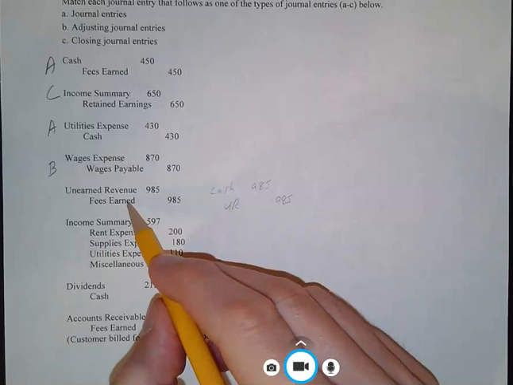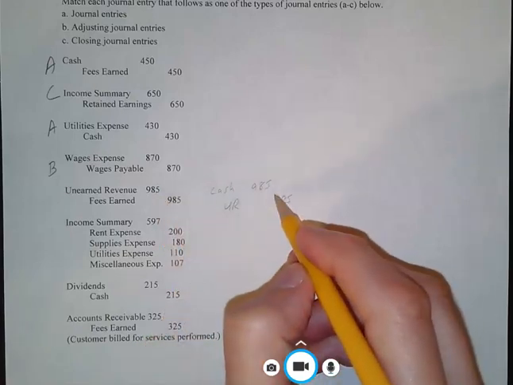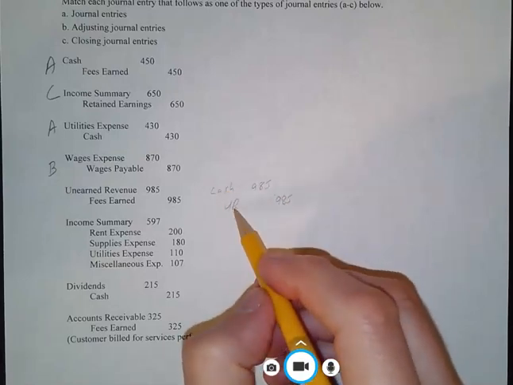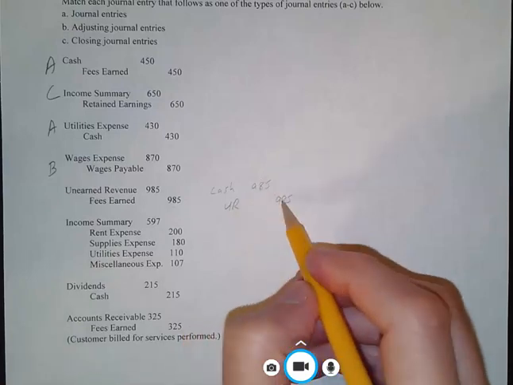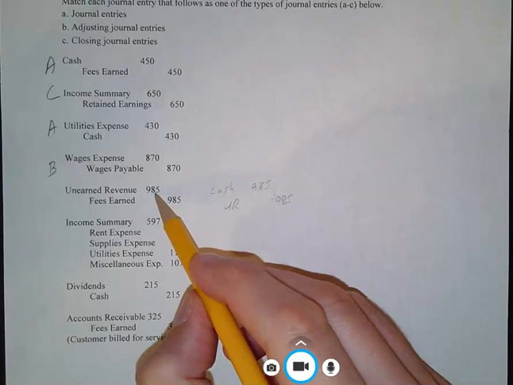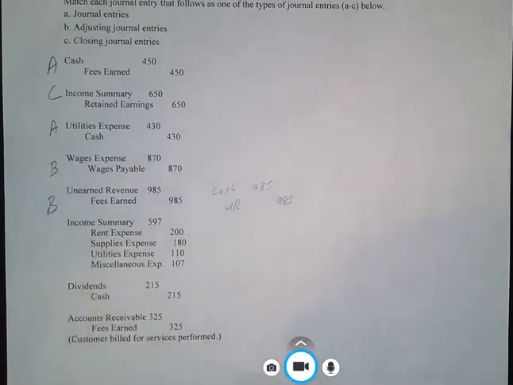So this is an adjusting entry here at the point in time in which we have earned this revenue. I say this would be our original entry. It may not be. The cash and the unearned revenue is correct. I can't guarantee that it was for $985, but in any event, we have earned $985 now. So we will have a B here as well. This is an adjusting entry. Okay.